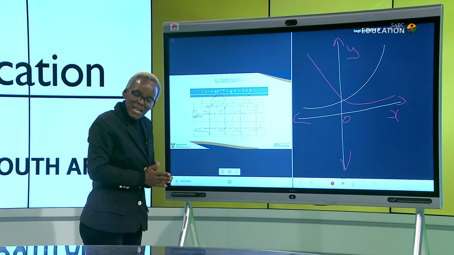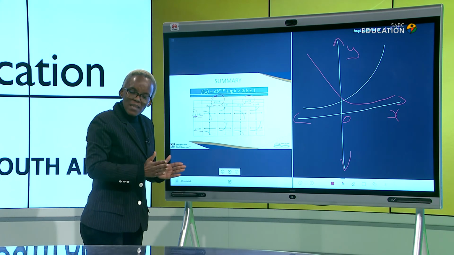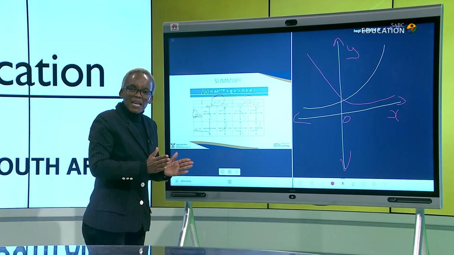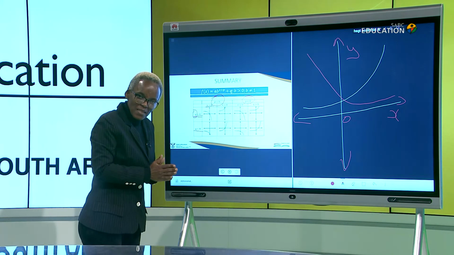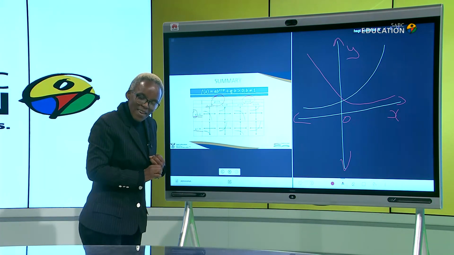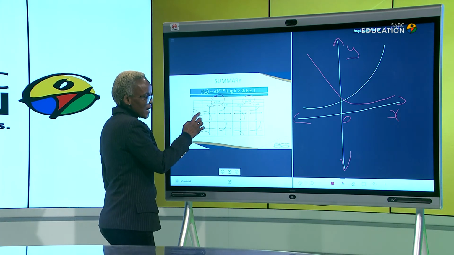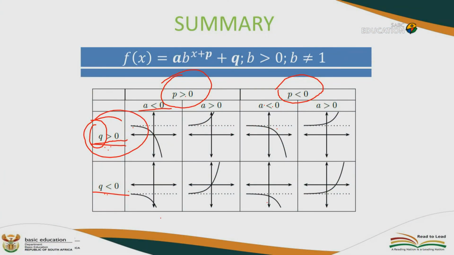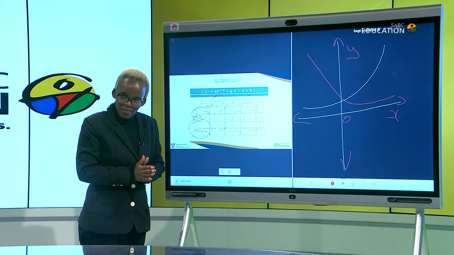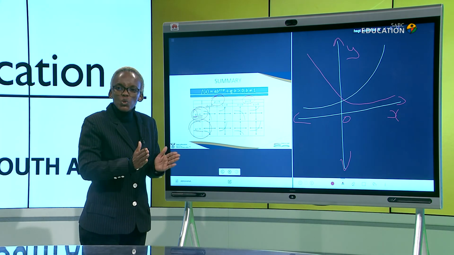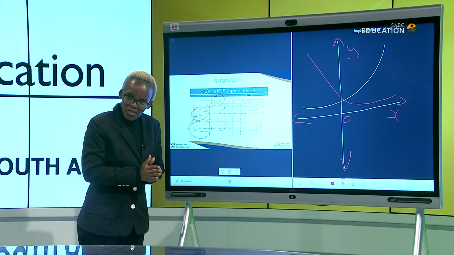So those parameters tell us about the behavior of the graph. But we are able to see that our characteristics will remain the same. Remember, the domain, x, an element of real numbers. Q, again, helps us to determine the range.